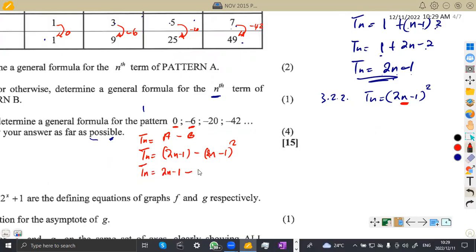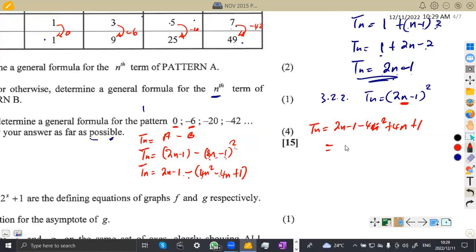So we've got 2n minus 1 minus, remember your identities, 2n squared, that's 4n squared, minus 2n times 2, which is 4n, plus 1 squared, which is 1. So we can expand the brackets. That means our Tn is going to be 2n minus 1 minus 4n squared, minus and minus 4n, that's plus 4n, minus and 1, that is a minus 1.